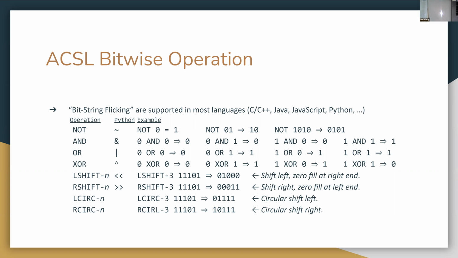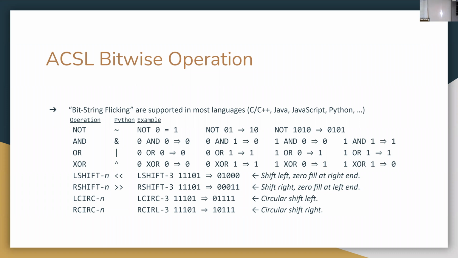Okay, this integer will be extended to 32 bits, and then you have zeros filling up to 32 bits instead of dealing with 5 bits. Okay, so this is something specific in the ACSL problems that they give you in the contest.